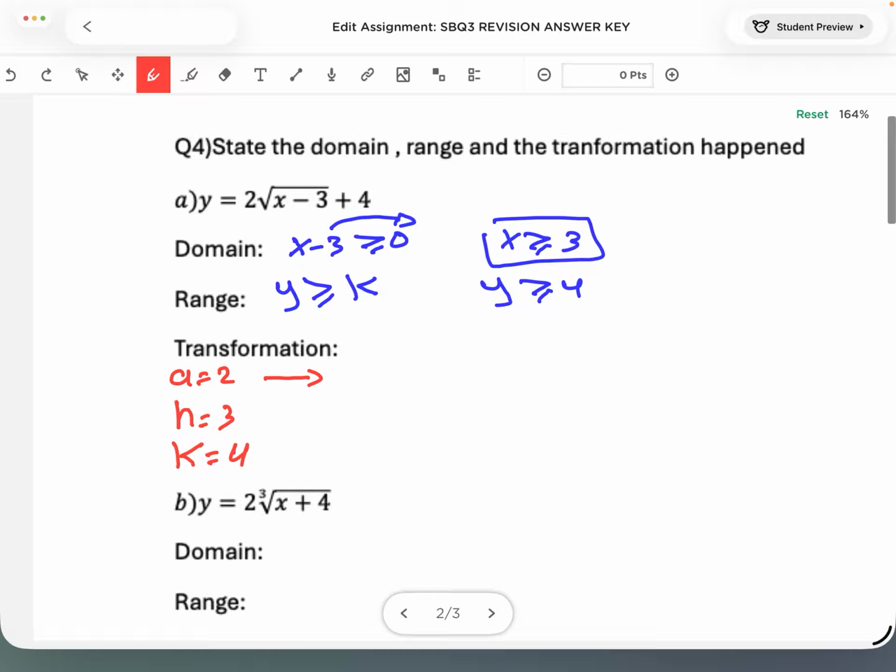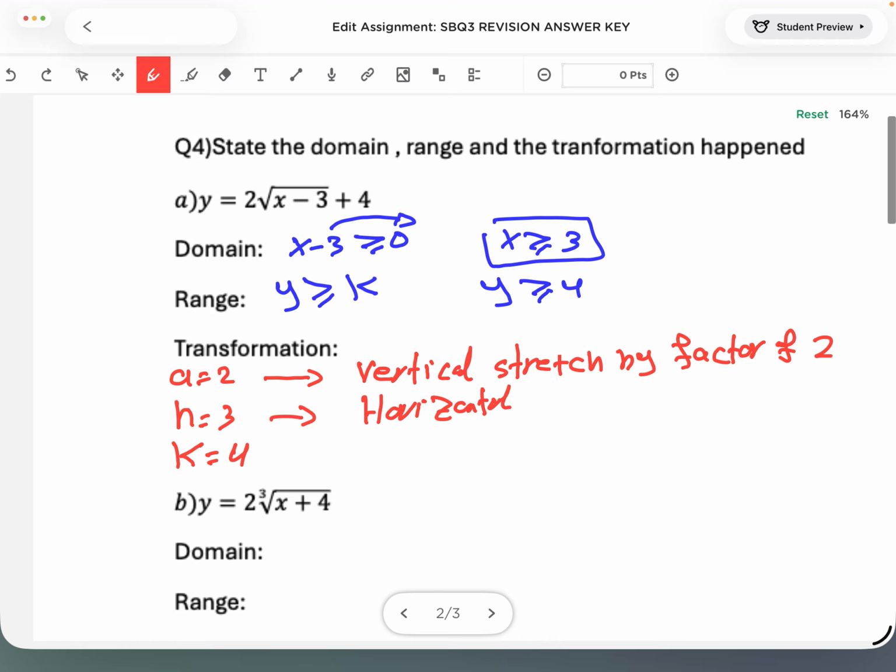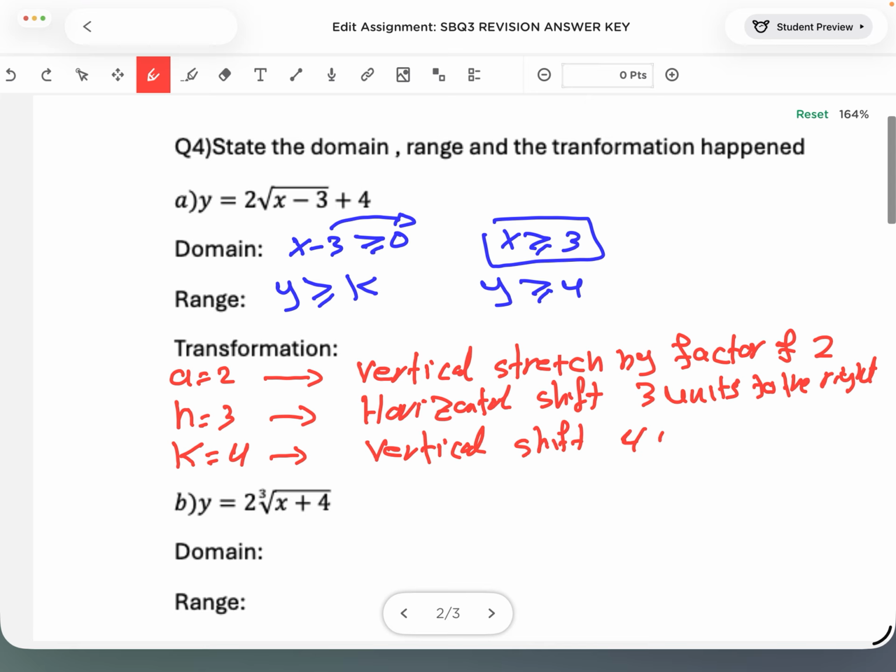So I have a vertical stretch by a factor of 2, a horizontal shift 3 units to the right, and plus 4 is a vertical shift 4 units up. That's it.